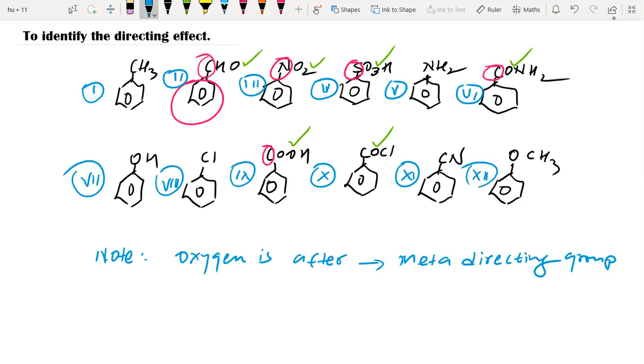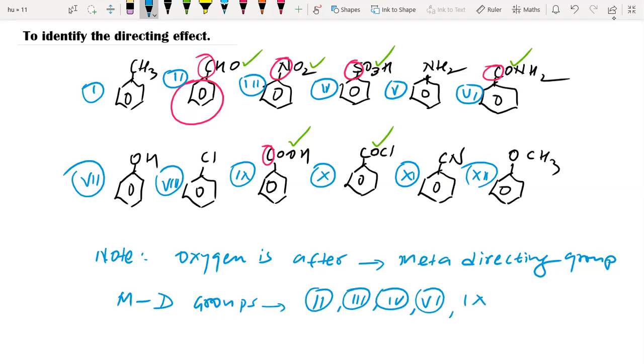Why I wrote the numbers: then I can write the meta directing groups are number 2, 3, 4, 6, then 9 and 10. These all are meta directing groups, and the rest are ortho-para directing groups.